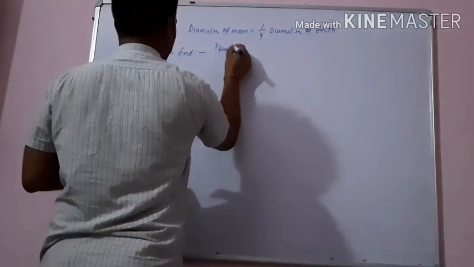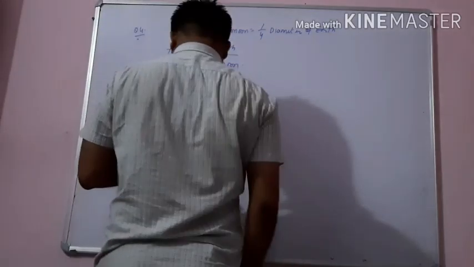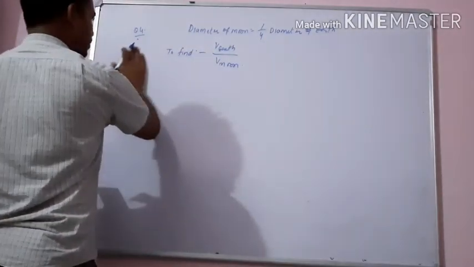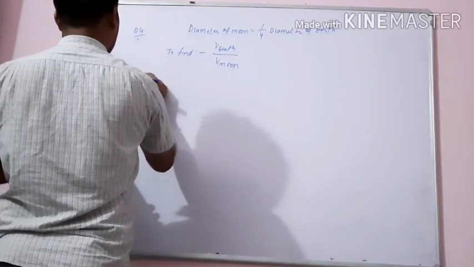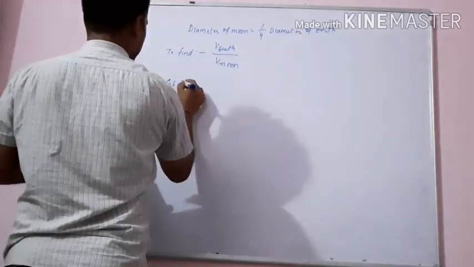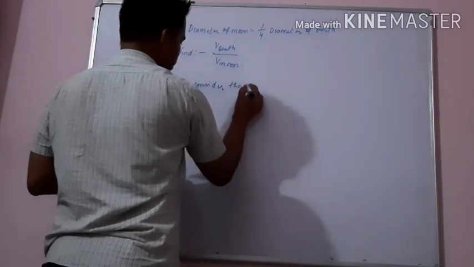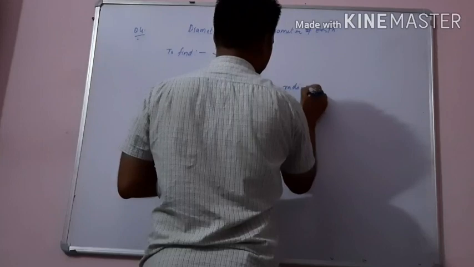Now let us consider that R be the radius of the moon.